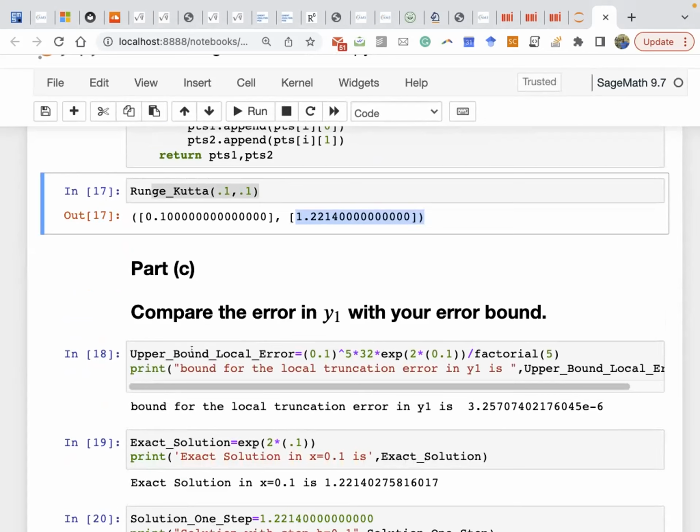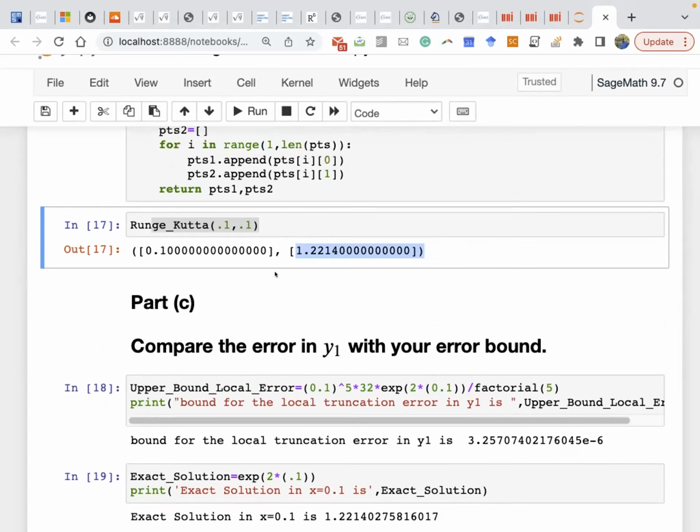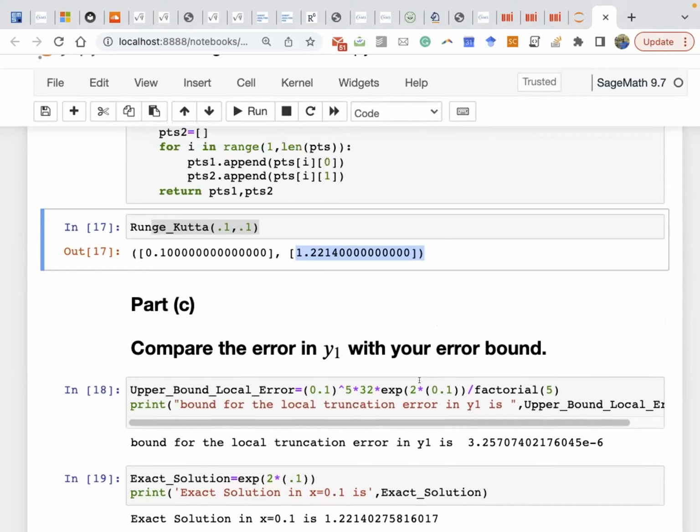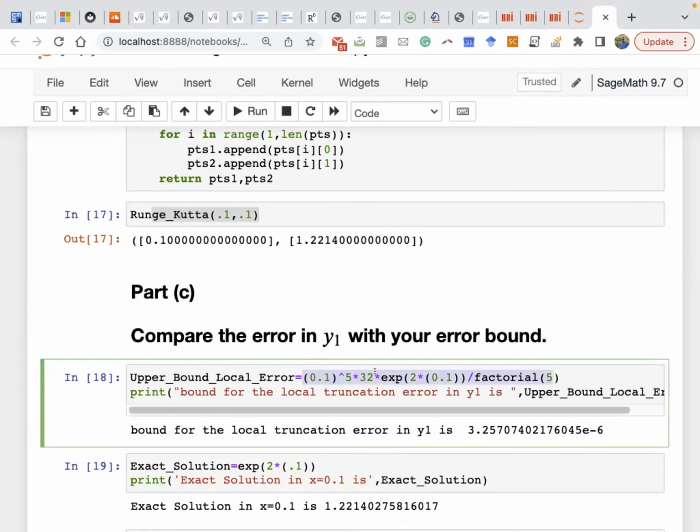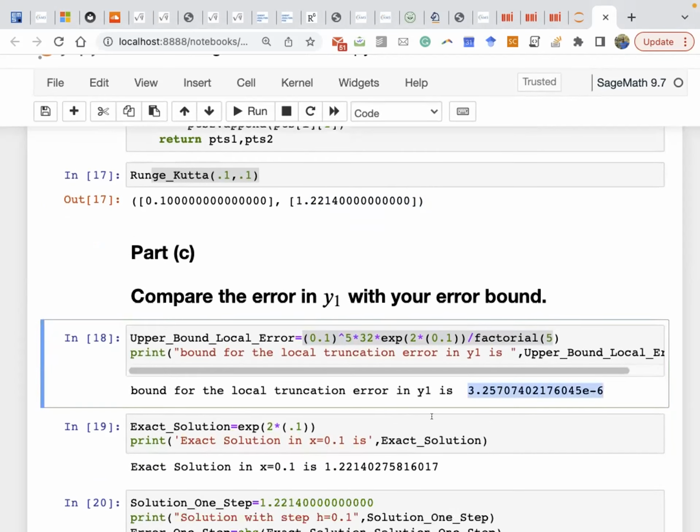So the upper bound of this function, as we saw, is this formula: absolute value of h to the 5 times 32 times exponential of 2c, or 2 times 1/10, divided by 5 factorial. So the upper bound is this guy, 3 points. So this is the upper bound of the local truncation.